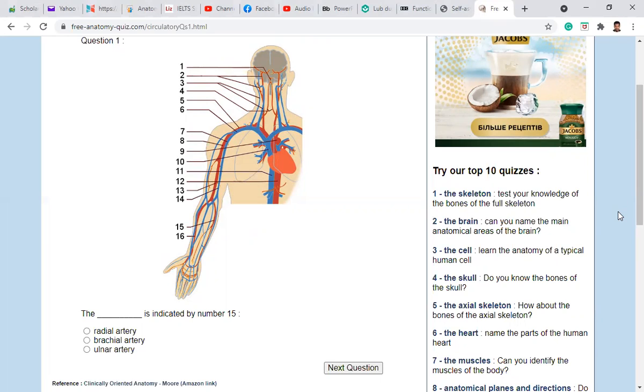Here you have question 1. The blood vessel is indicated by number 15. Which blood vessel is indicated by number 15? Ulnar artery. Ulnar, yes. Okay, ulnar artery. Let's check it.